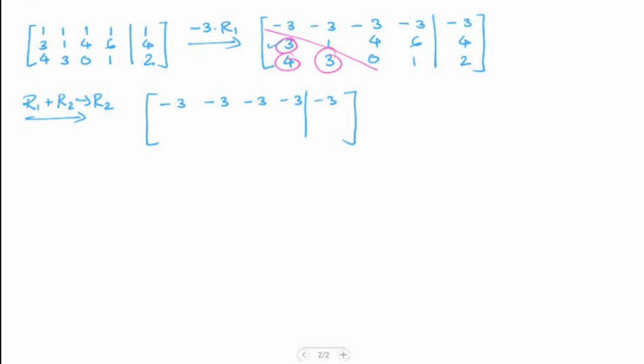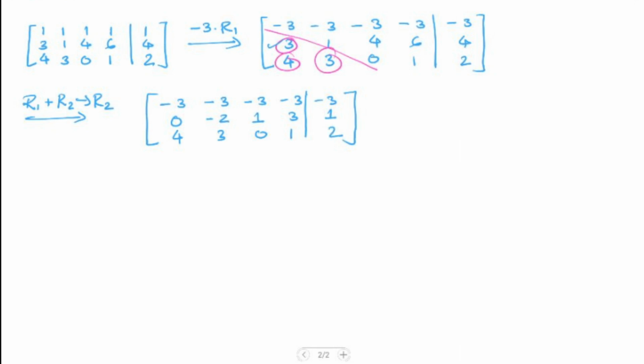So minus 3 plus 3 is 0. And then we have here minus 3 plus 1 is minus 2. Minus 3 plus 4 is 1. And minus 3 plus 6 is 3. Then we have minus 3 plus 4. That's 1. And there are no changes to row 3, so it remains as it is, which is 4, 3, 0, 1, 2.